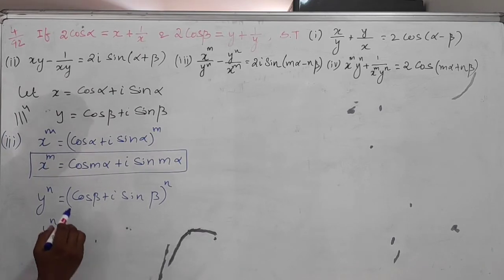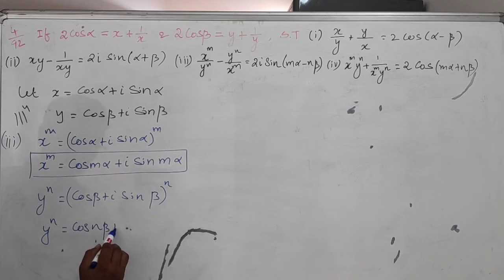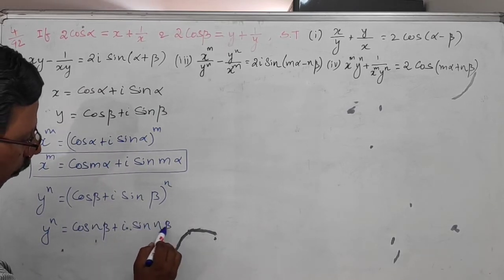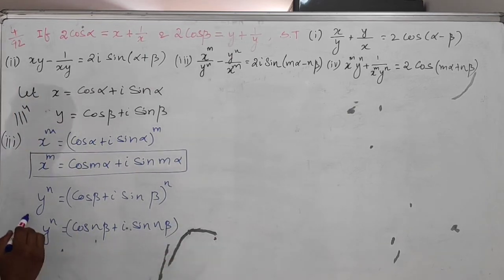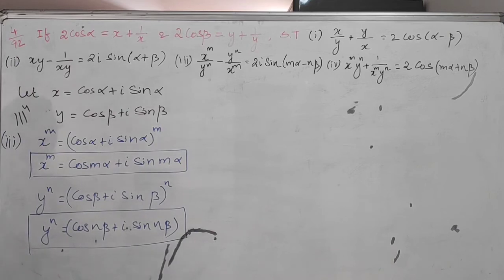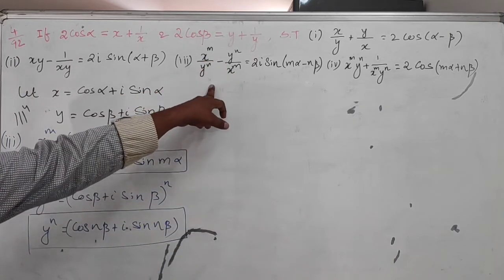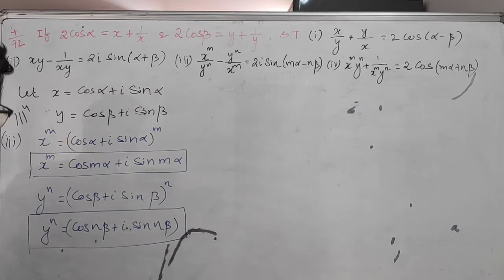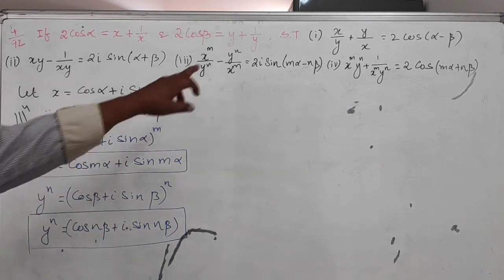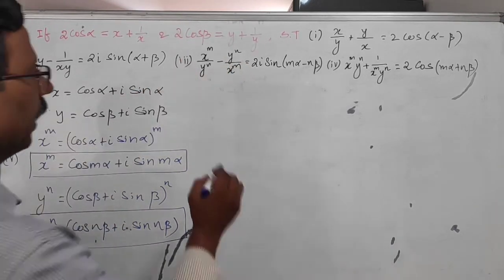Therefore, y power n is equal to cos n beta plus i sin n beta. Now, this is y power n. After this, we can go for x power m by y power n, so we can use results 3 and 4. First, we can find x power m by y power n.